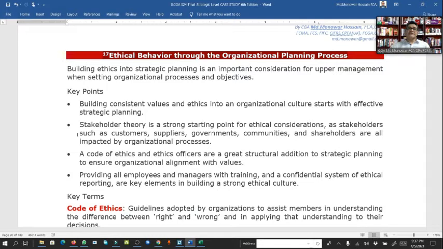Building ethical information systems in a strategic manner is an important consideration for upper management when setting organizational processes and objectives. For example, you are working as a CFO and your management wants to show higher revenue to show their performance.